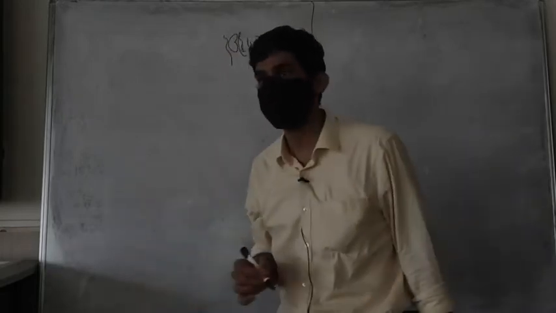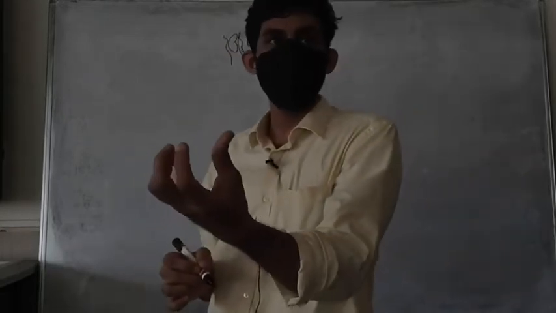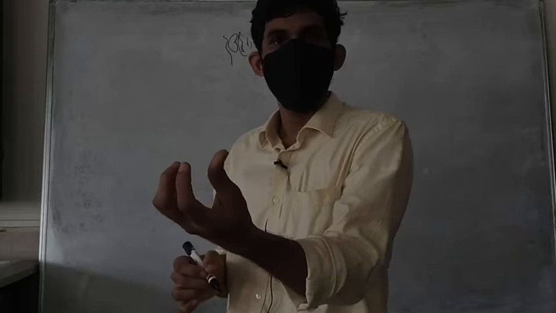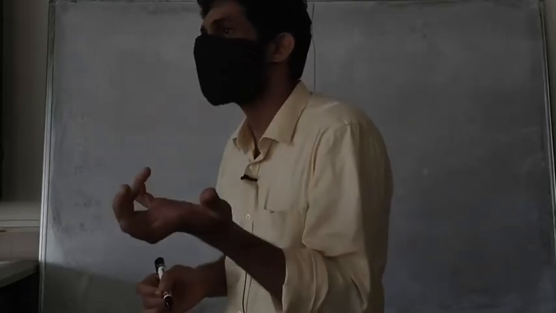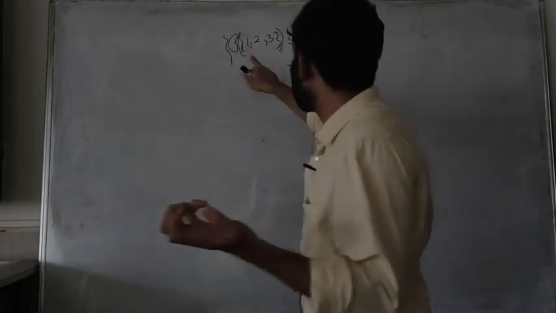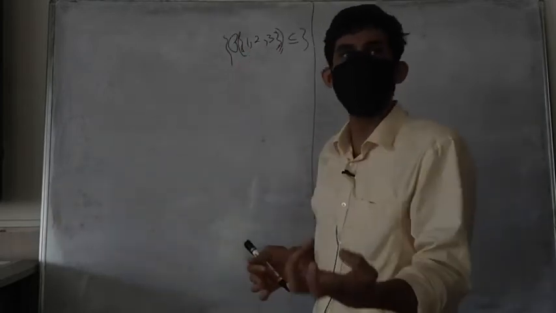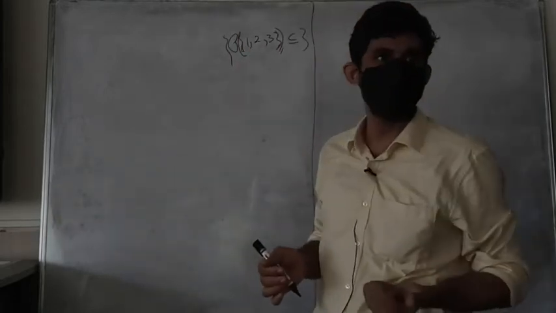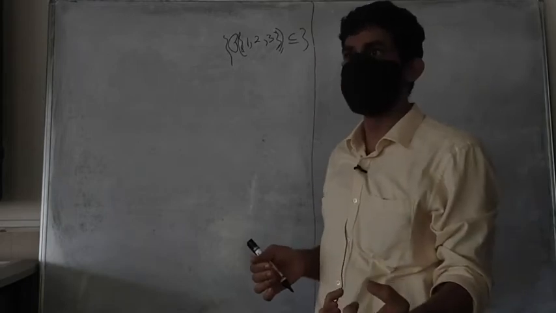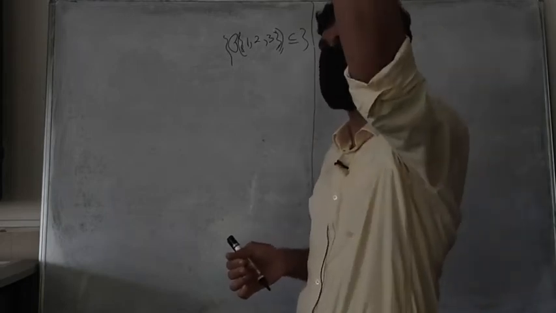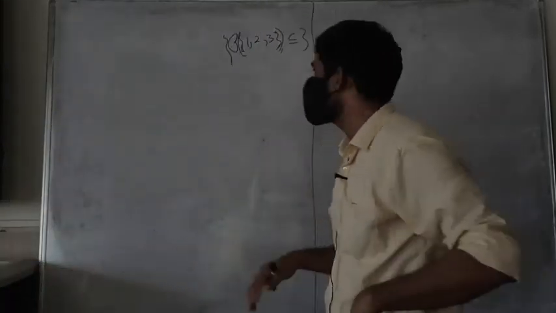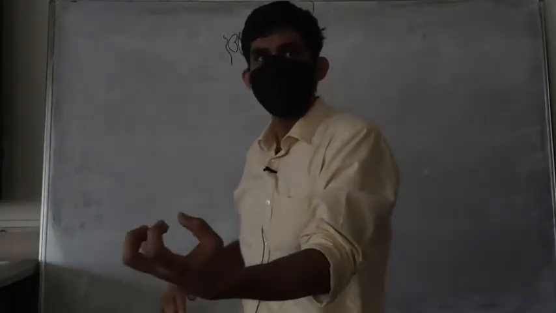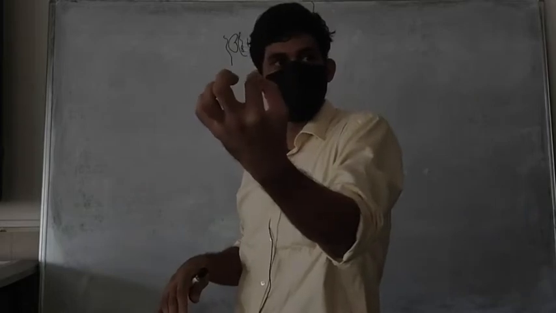Okay, with containment. So you can start with the empty set, because this partially ordered set has a minimum and a maximum element in it. The minimum element is the empty set, and the maximum element is the full set. So you start with the empty set and push one element in it.